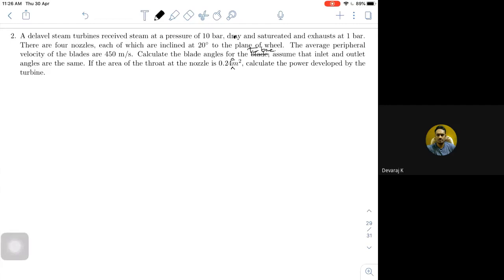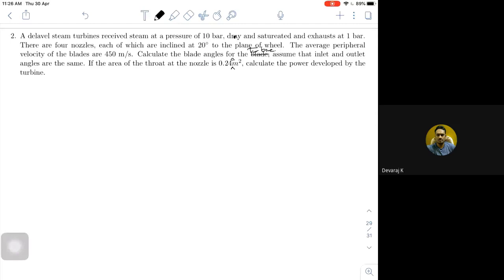So how to go about the solution? I can go with either the analytical method or the graphical method. Which one do you feel comfortable with? If I use the analytical method, I have to use trigonometric principles.